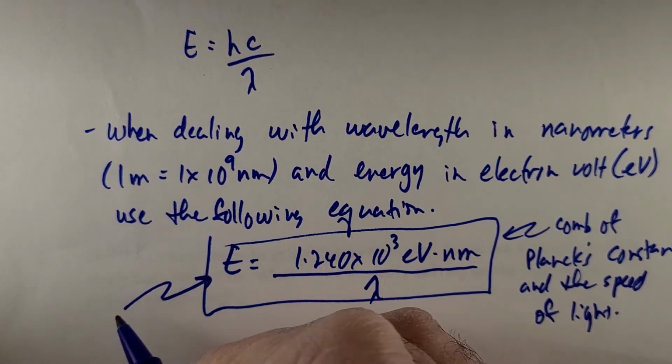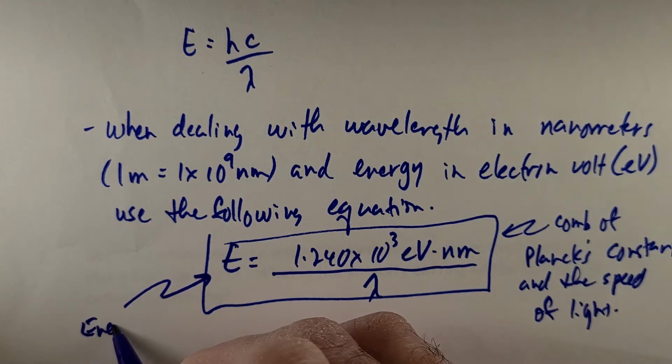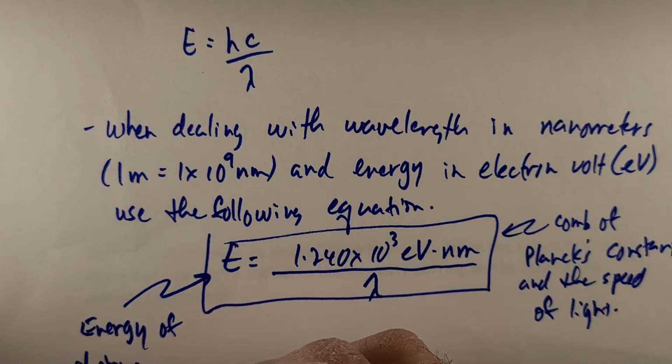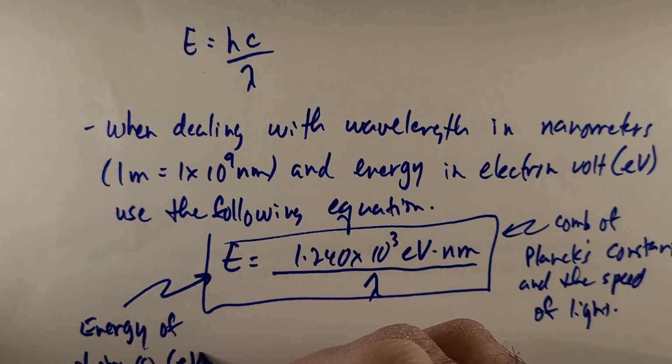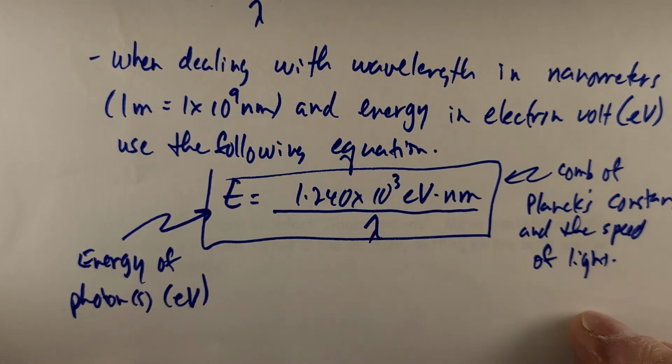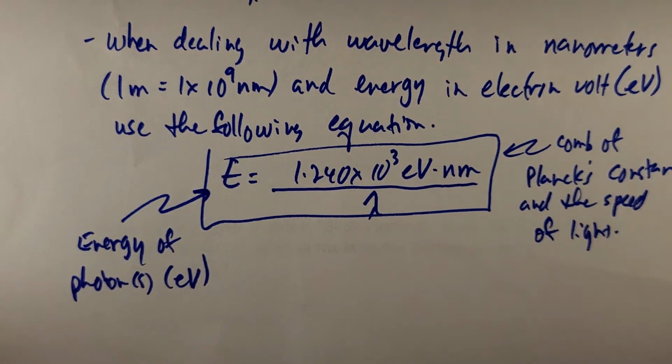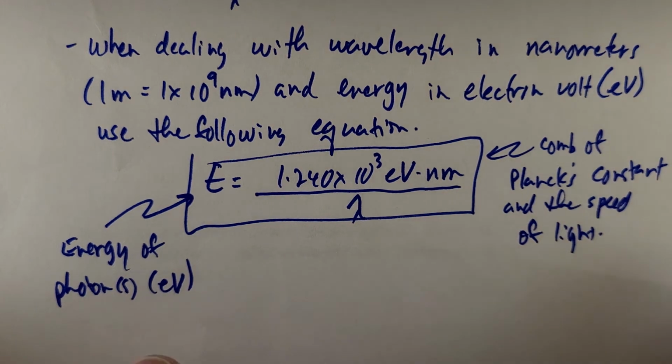And of course here we have energy. The energy will not be in joules this time though. So energy of photons will be in electron volts. So if we're talking about energy of single electrons, of a few electrons, that's where this comes into play.